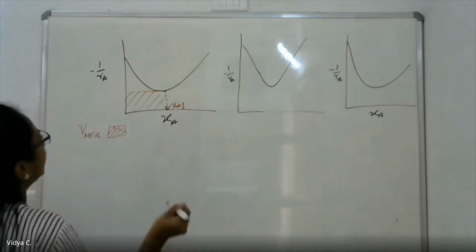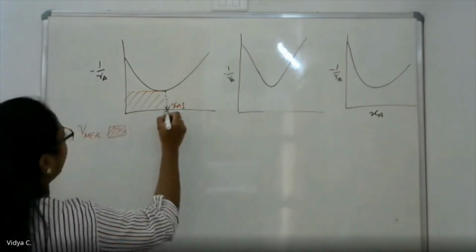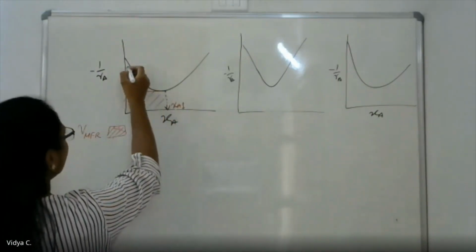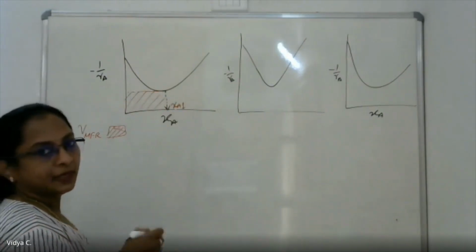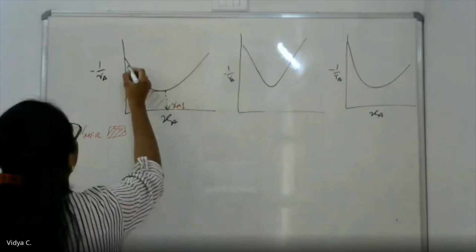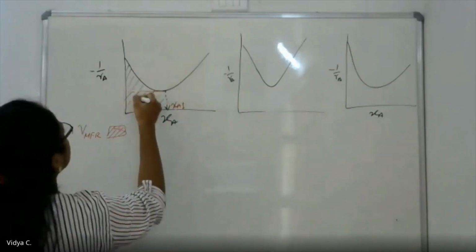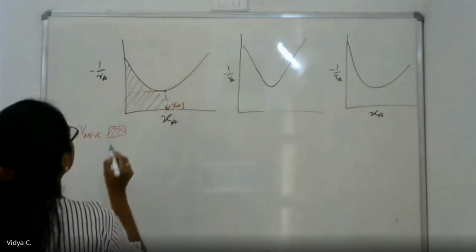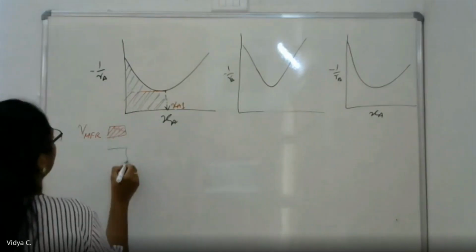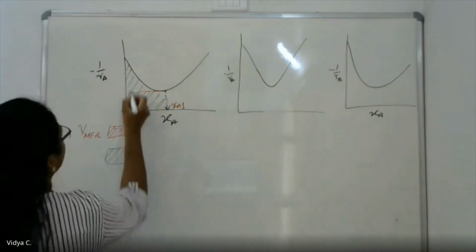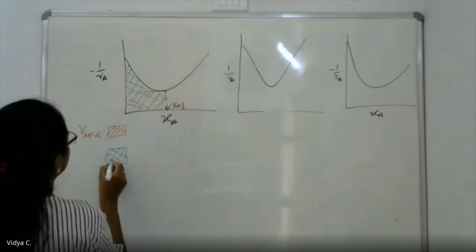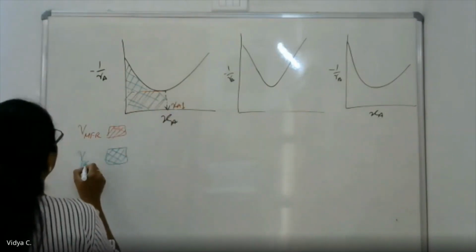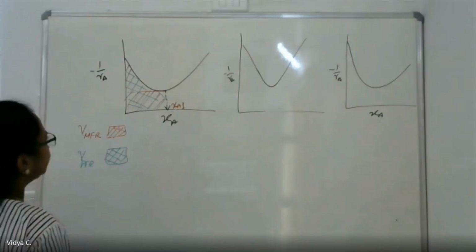Now, for the same XAF, if I am using a PFR, it is the integral of dXA by minus RA, right? So it should be the total area under this curve. I'll show MFR and PFR in green lines. This is the volume of PFR.